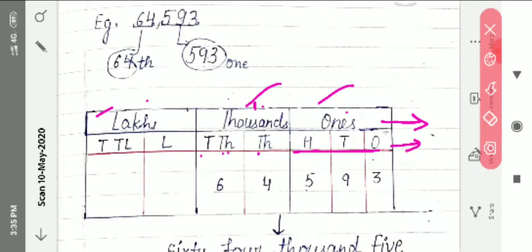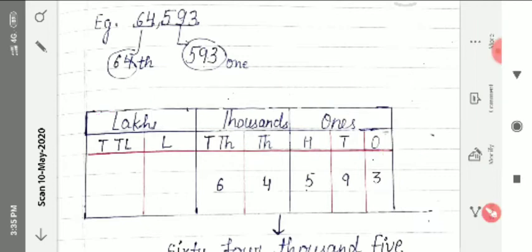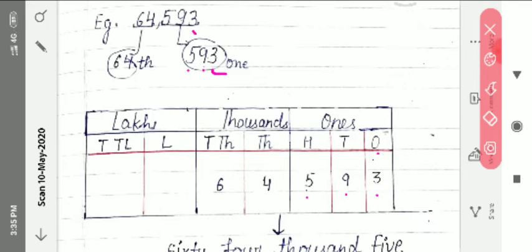As you can see here, in the ones place the digit is 3, tens place 9, hundred place 5. Okay, it means the ones period is over.